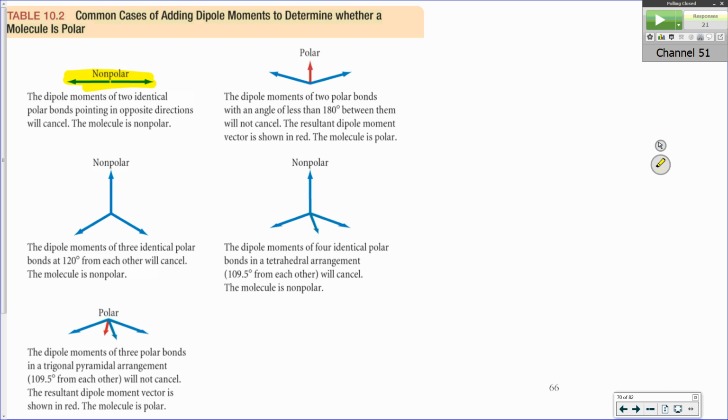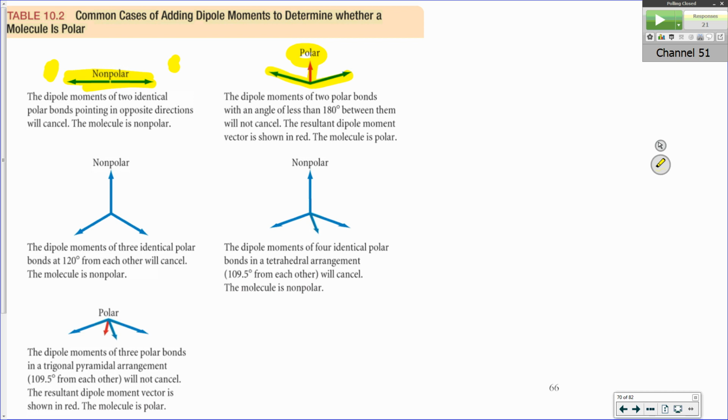So if you've got something over here that's got an electronegativity of 3.5, and something over here that's got an electronegativity of 2.1, then that's going to be a polar molecule because it's not equal poles pulling away from each other. Whenever we have a bent geometry, almost always it's going to result in a polar molecule, because the net dipole moment is going to be pointed in this up direction.